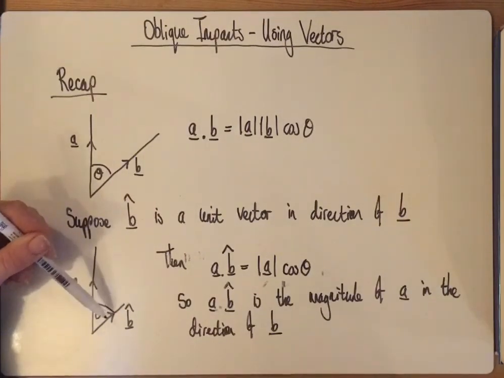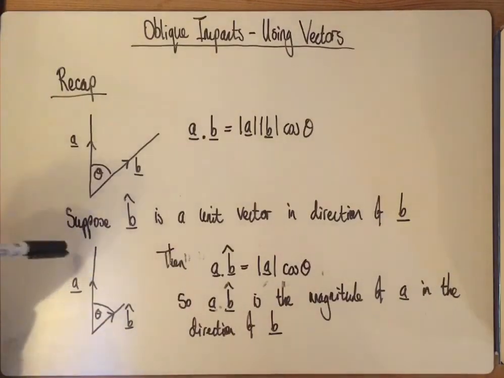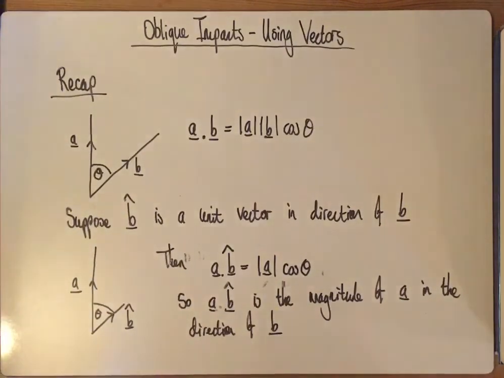So that will give you the speed in that direction, which is obviously quite useful. So what I'll do next, I'll go over the same example I did last lesson, but using this method instead so you can see it working.